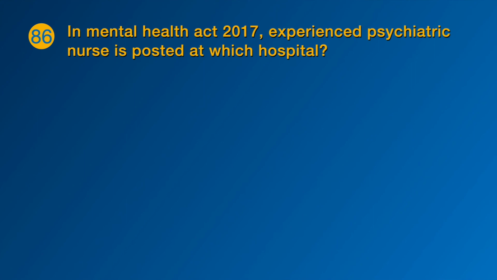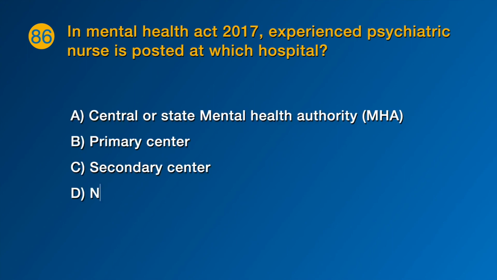Next question is, in Mental Health Act 2017, experienced psychiatric nurse is posted at which hospital? Options are Central or State Mental Health Authority, primary centers, secondary centers, none of the above. So answer is A. Central or State Mental Health Authority.